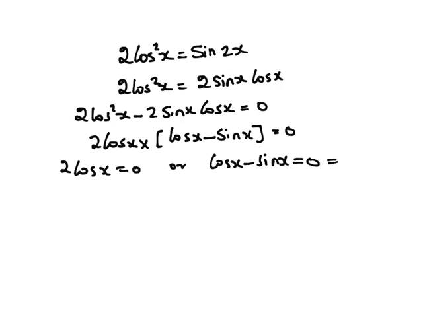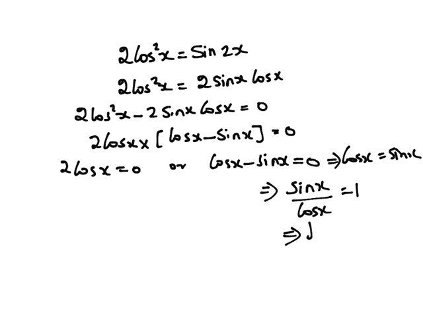Now this means cos x equal to sin x. Again I can write this as sin x upon cos x is equal to 1, which means tan x equal to 1. If 2 cos x is 0, that means x can take the value of 90 degrees and 270 degrees.